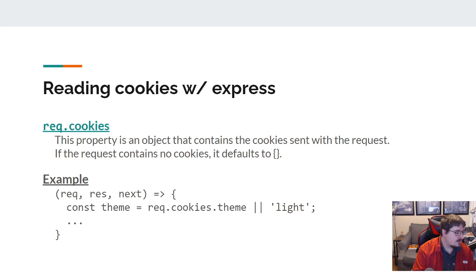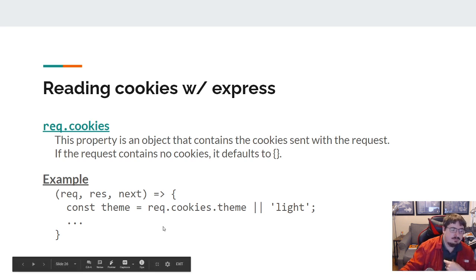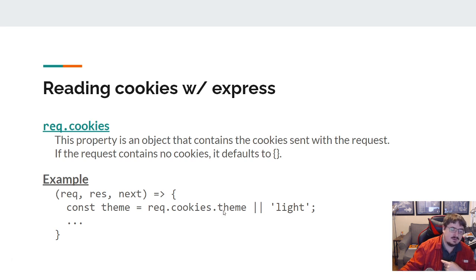So you modify the cookie on the response, but you read it on the request. So request.cookies is a property of the request object. It's actually an object. Cookies is an object, and then you can refer to it by the name of the cookie. So if I want to get the theme that we had set earlier, I would say request.cookies.theme. That'll give me that theme cookie that we set previously.